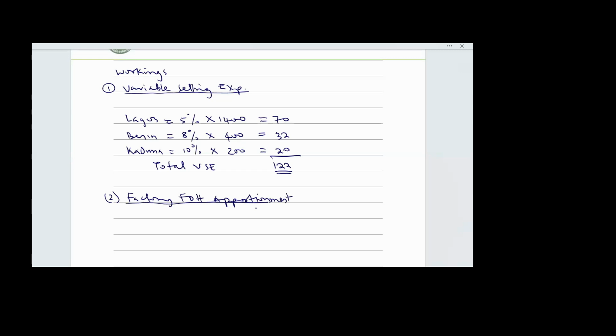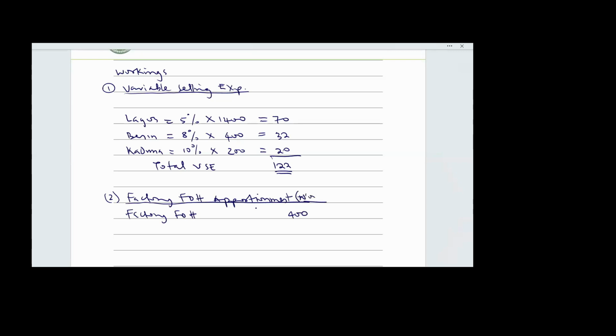So let us distribute the 400,000. I will say factory fixed overhead of 400,000.